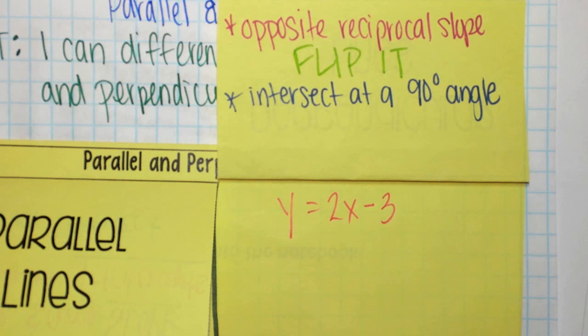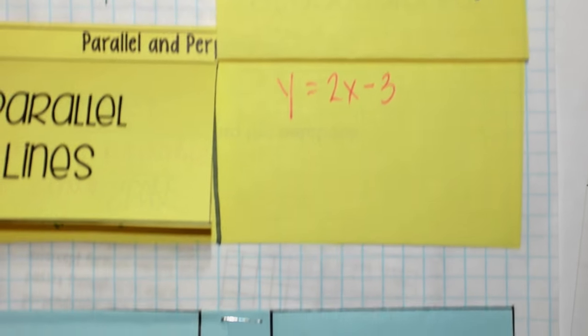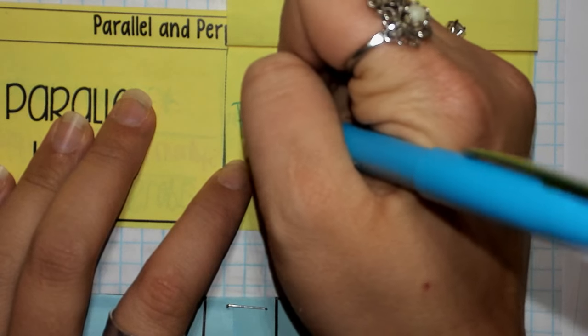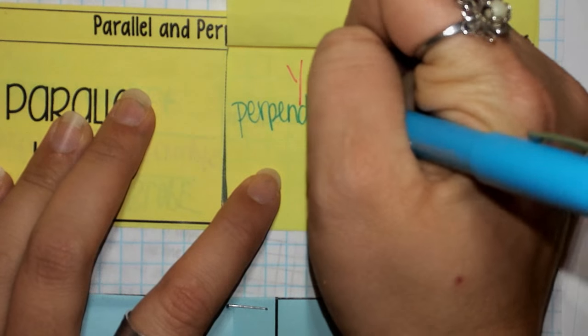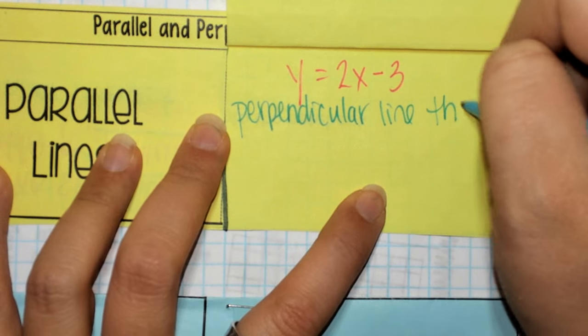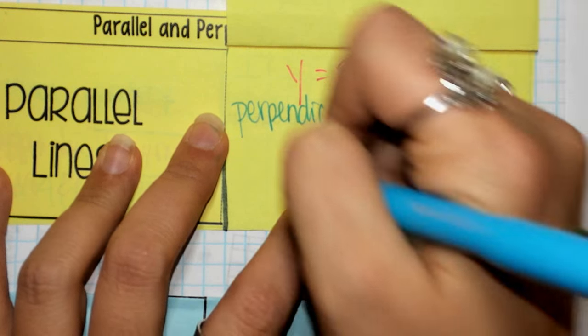Are we ready? Alright, I want the perpendicular line that passes through that point, Blair.